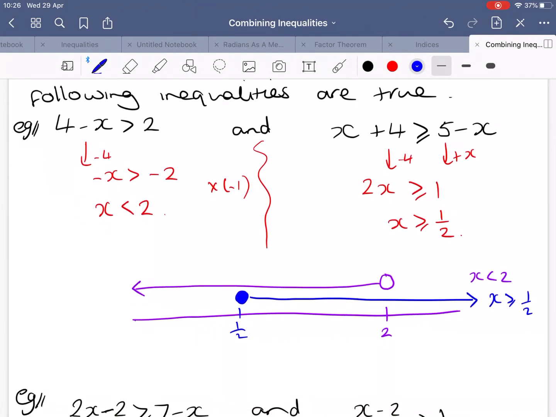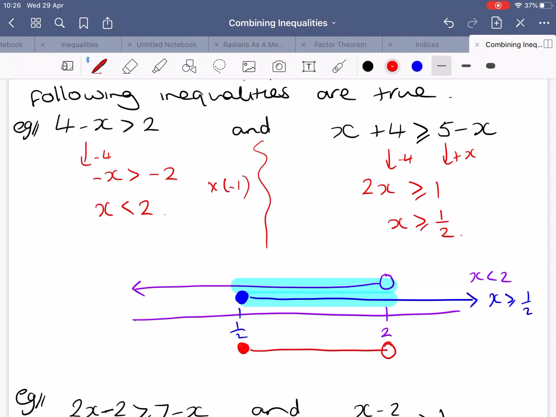Now, I want to find the region when both of these inequalities are satisfied, in other words, when both these inequalities are true. If I get the highlighter, that's basically the region where we have both inequalities. If I draw that underneath, that is going from a half with a solid circle all the way up to the number 2 with an empty circle.